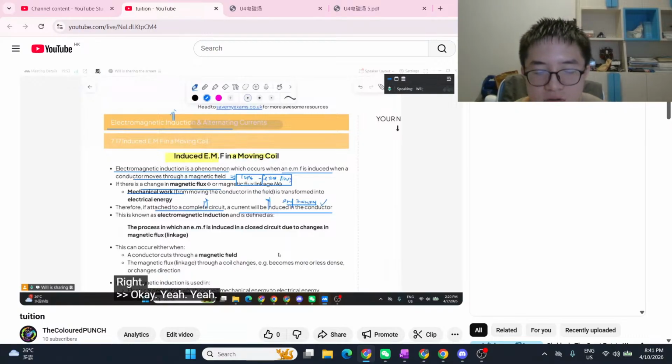If attached to a complete circuit, a current will be induced in the conductor. This is known as electromagnetic induction and is defined as the process in which an EMF is induced in a closed circuit due to changes in magnetic flux linkage.